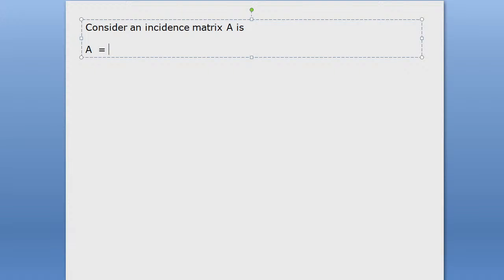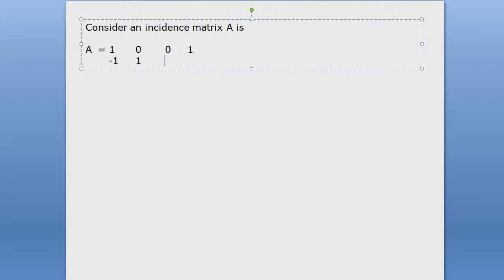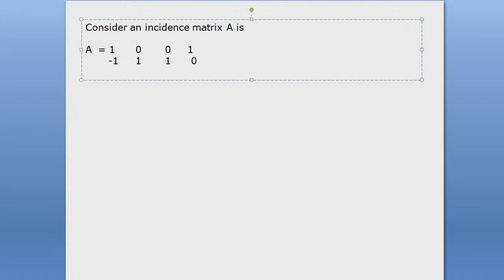A equal to, first row 1, 0, 0, 1, then second row -1, +1, +1, 0, and the elements of the third row are 0, -1, -1 and -1. Okay, so this is a matrix.